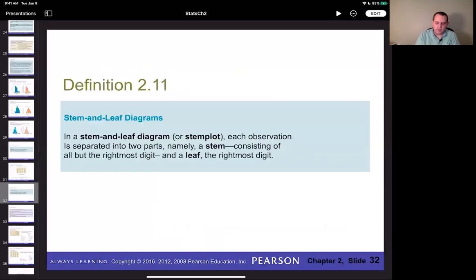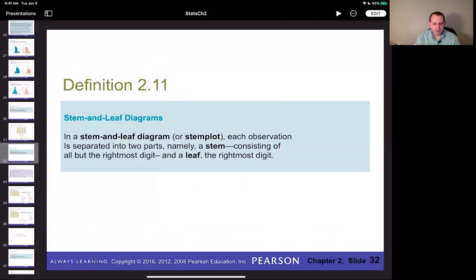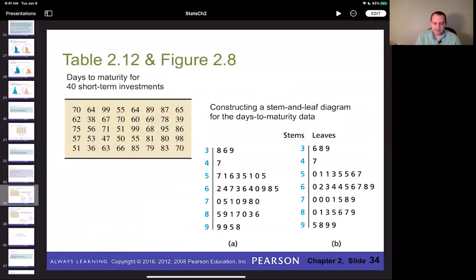It's really not much more to say there. There are what are called stem and leaf diagrams, or stem plots. Again, I think this is best represented with an example. Here we have the same 40 short-term investments and the number of days to maturity. Rather than writing out each number, 70, 64, 99, 55, and so on, you can put down what are called stems and leaves.